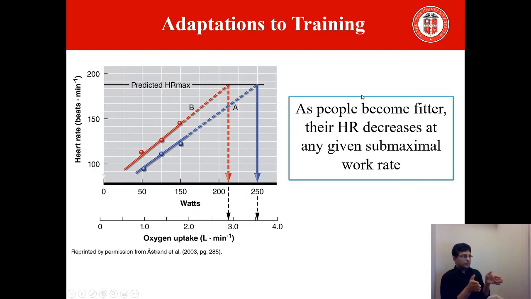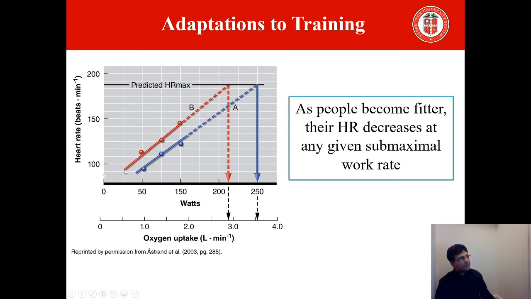Now, using the information which we have in our previous graph, let's try to decipher this particular graph. Again, I'm following the same trend. On the x-axis, we have the power in watts and the oxygen uptake in liters per minute, and on the y-axis, we have the heart rate.